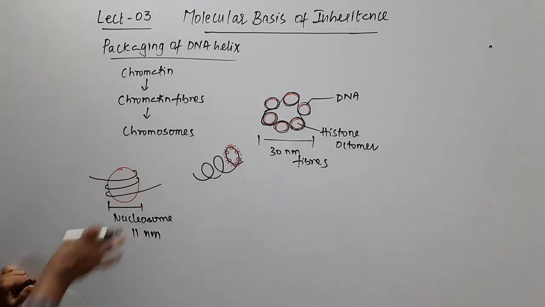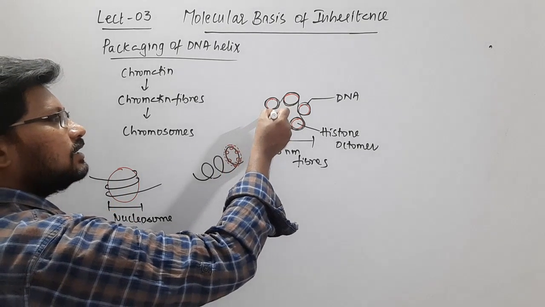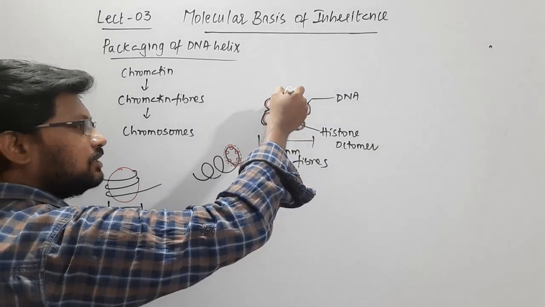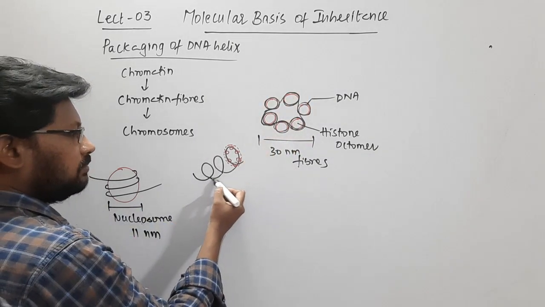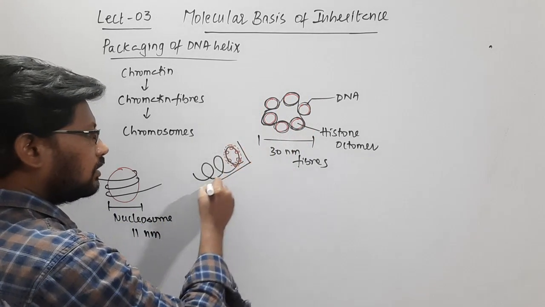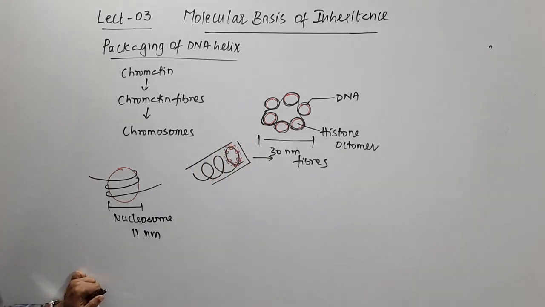So the length will be 11 nanometers, and you can see this is one nucleosome, and they are all arranged in a spiral fashion. This is how we will be seeing it. And this is what is called a 30 nanometer fiber.